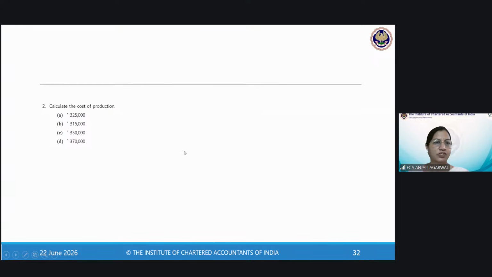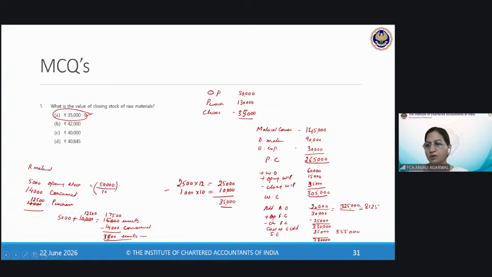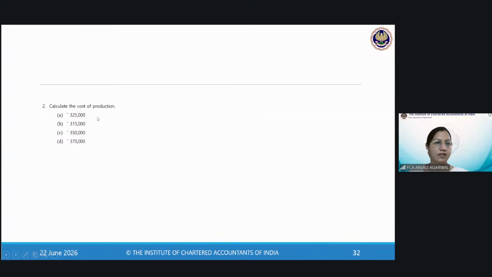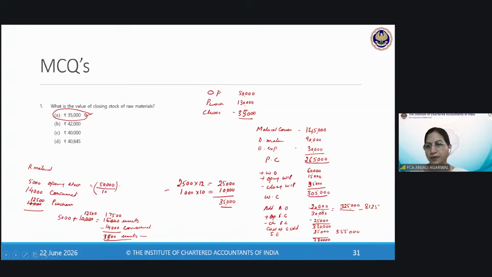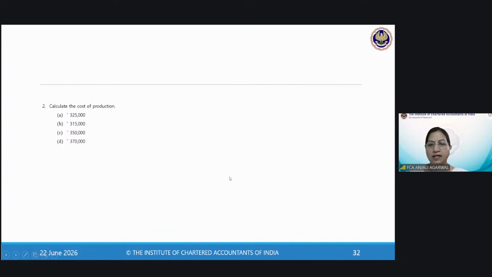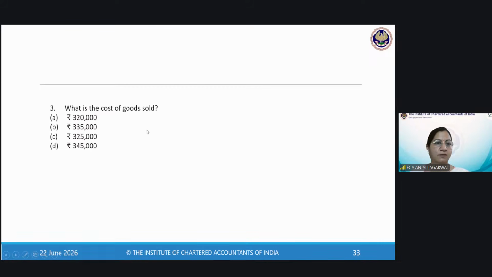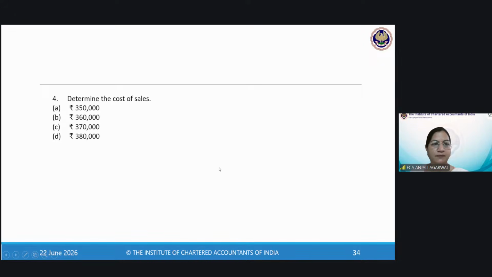So what is the cost of production? Cost of production is 3,25,000. A is the answer. What is the cost of goods sold? 3,25,000 plus 5,000, 3,30,000. So the cost of goods sold will be 3,30,000.